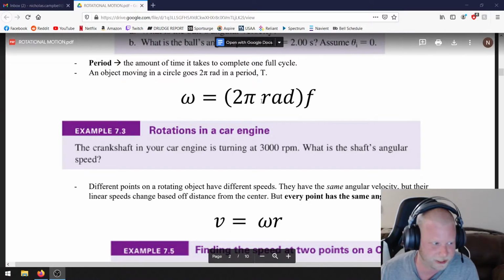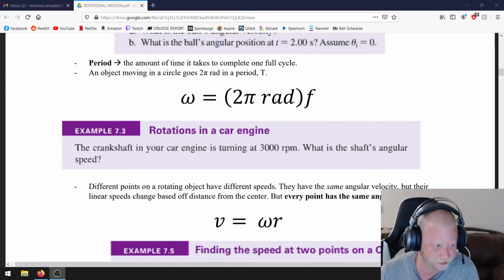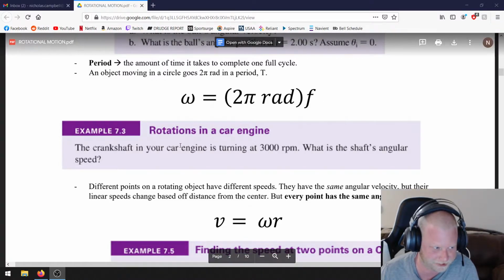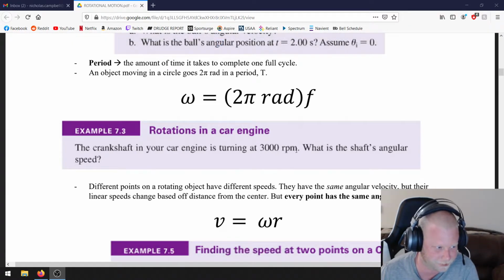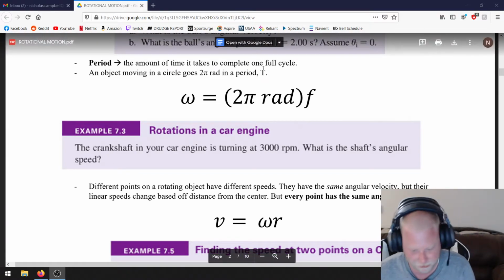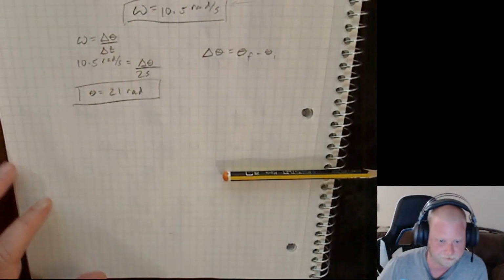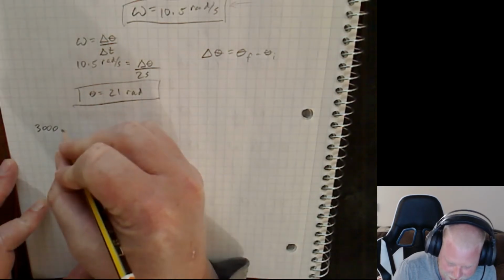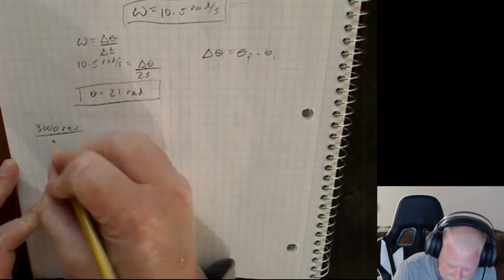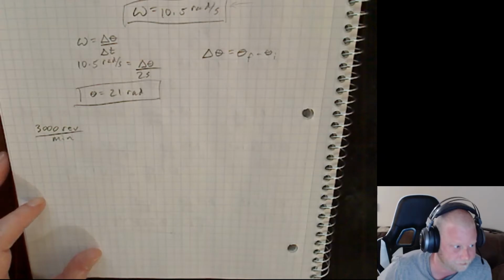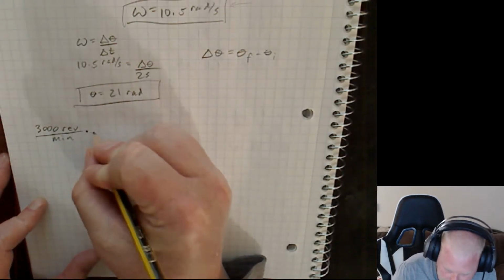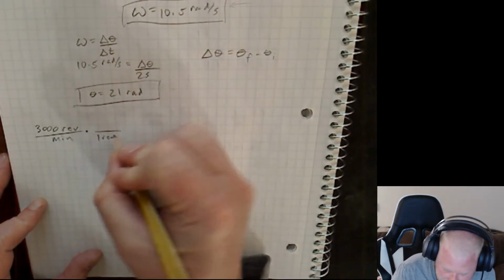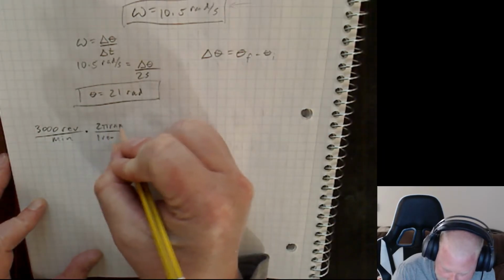Now, this equation up here in the notes, omega equals 2 pi radians times frequency, you can kind of ignore this because you can get your angular speed based solely off of dimensional analysis. So, what do we mean by that? If your car is rotating at 3,000 revolutions per minute, well, we know that one revolution is 2 pi radians.